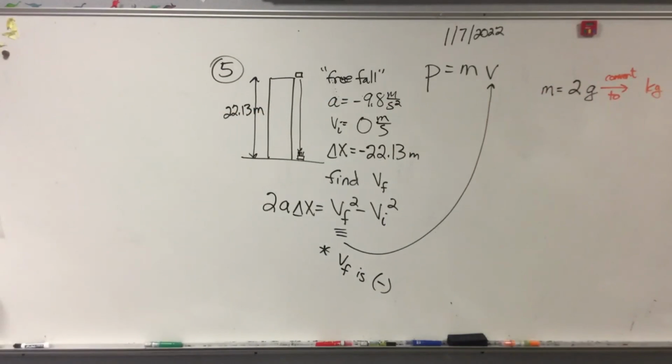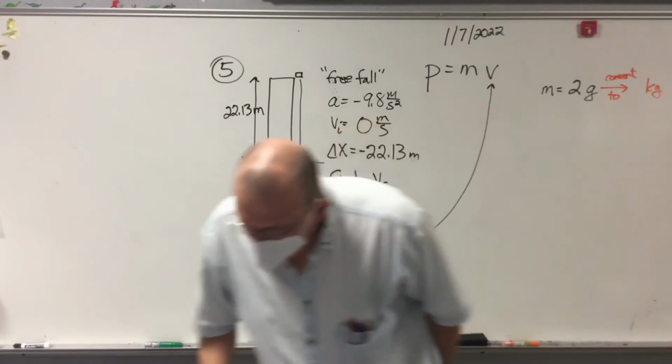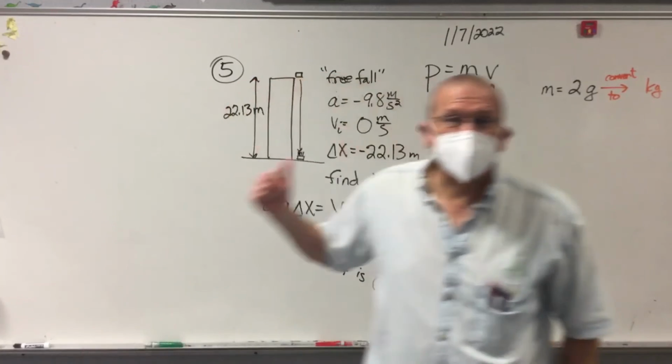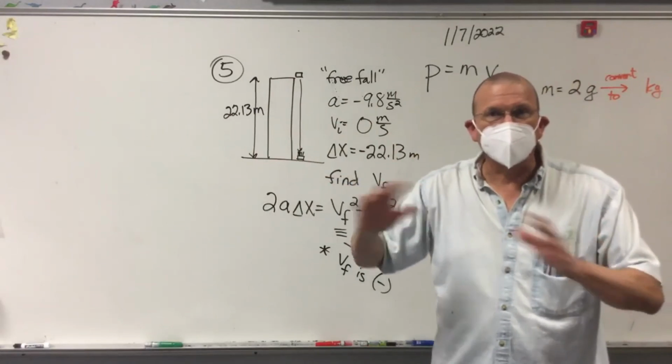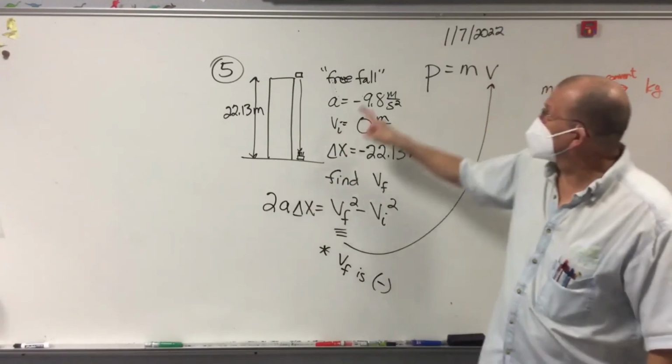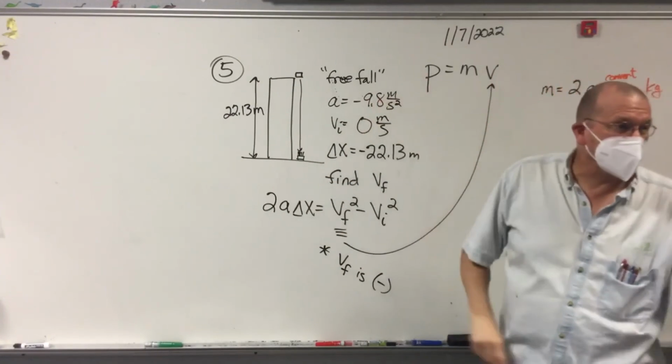And I will say, you could take a stab at number 6. In doing number 6, you are not going to have to use any acceleration or velocity equation. You're just going to have to use your momentum equation twice.